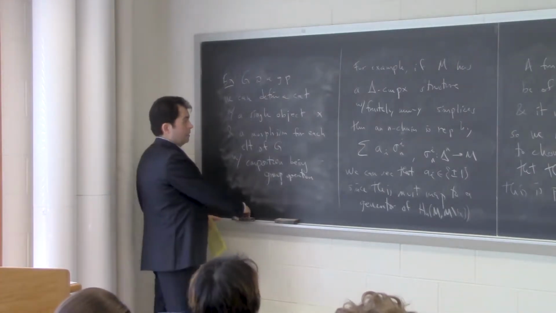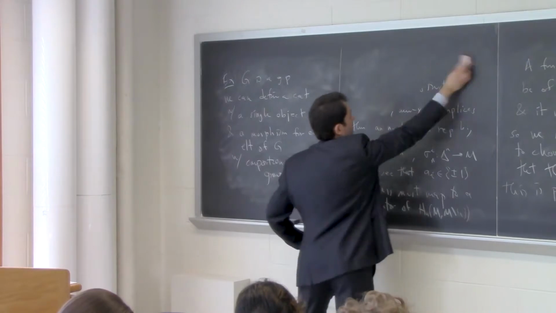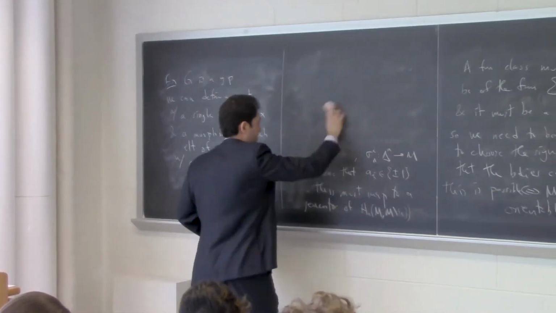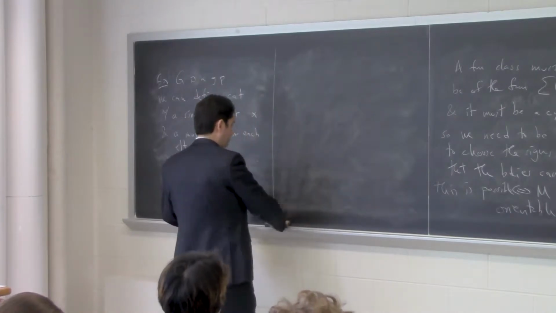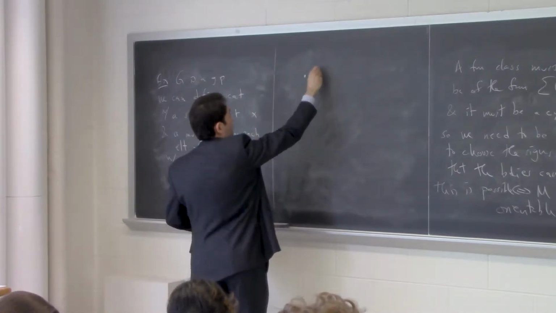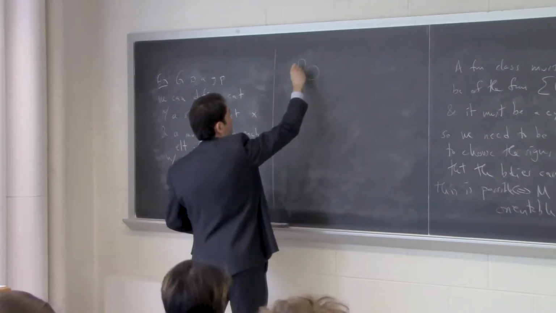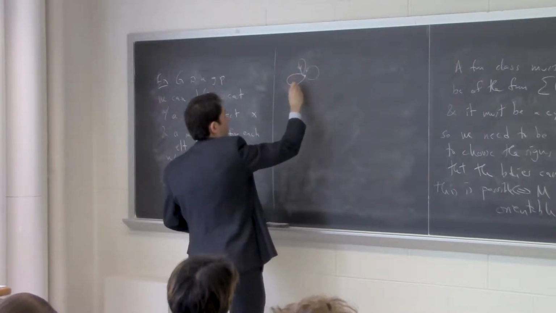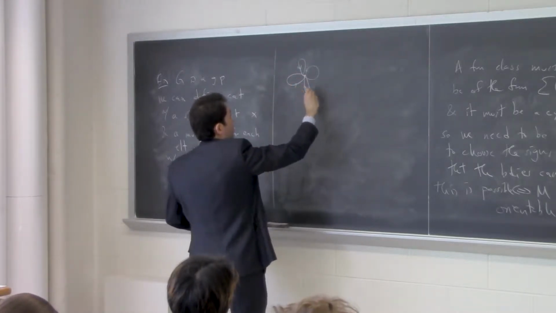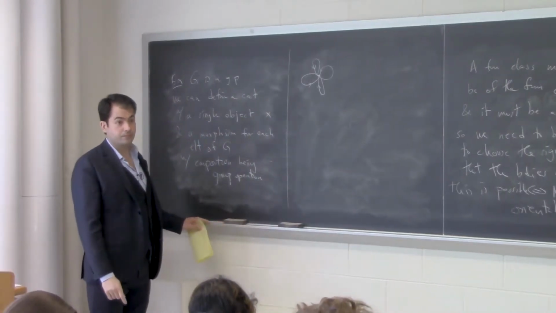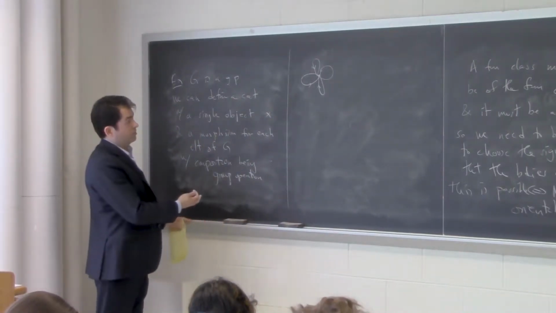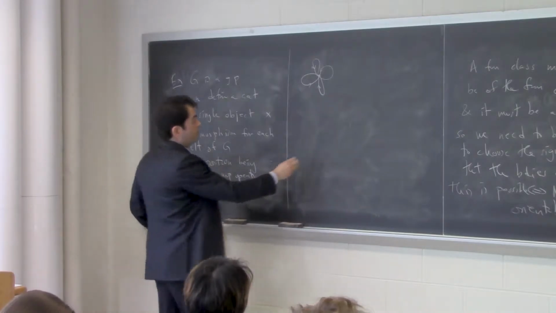Picture is that you have a single point and one arrow from that point to itself for every element of the group. So we generalize this in a couple ways.